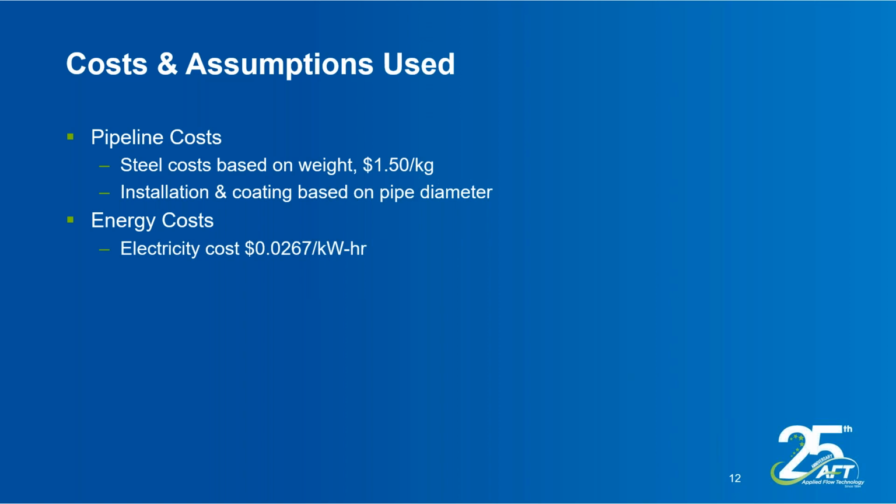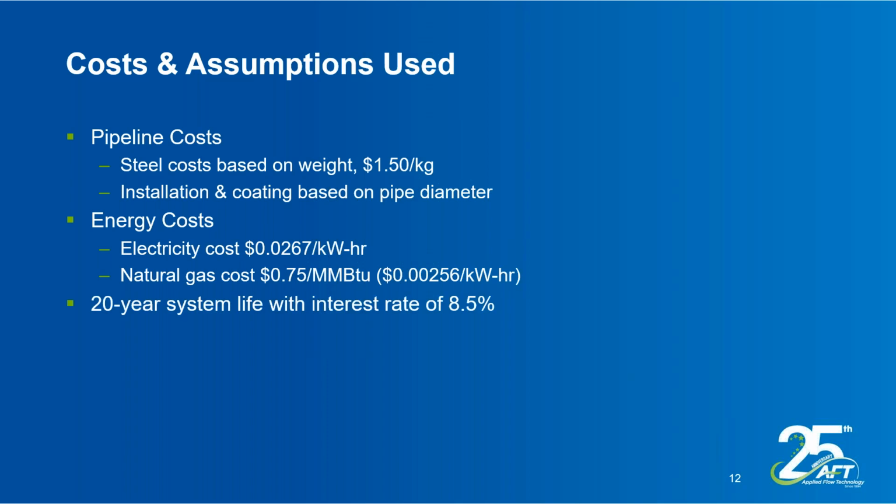As far as energy costs go, electricity cost was 3 cents per kilowatt hour. Natural gas was 75 cents per 1,000 BTUs, or 0.002 cents per kilowatt hour. So the natural gas was much, much cheaper. That's why they were looking into using natural gas turbine-driven pumps rather than electric-driven pumps.